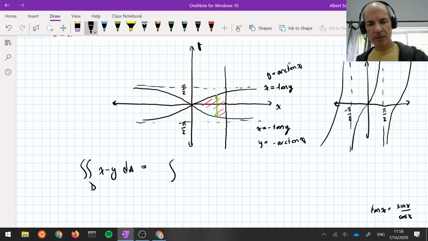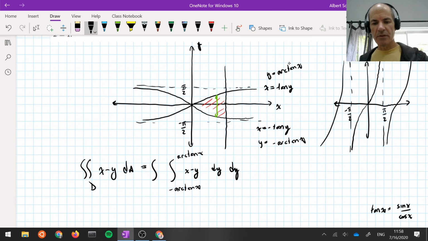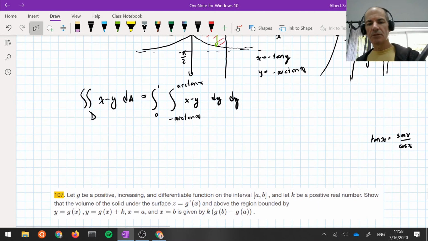So go from the lower curve, minus arc tan x, to the upper curve, arc tan x, and we are integrating x minus y, and we're doing that with respect to y first. And then what are the outer limits of integration? Take this thing and smush it down onto the x-axis, and what's the range of x values? They go from 0 to 1. Oops, that outer integral is dx.